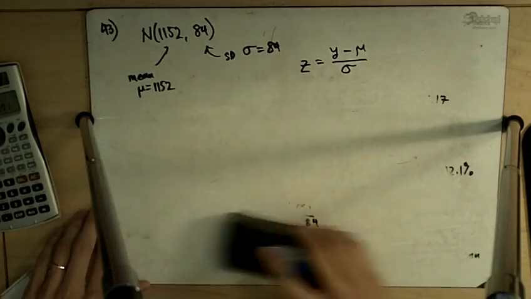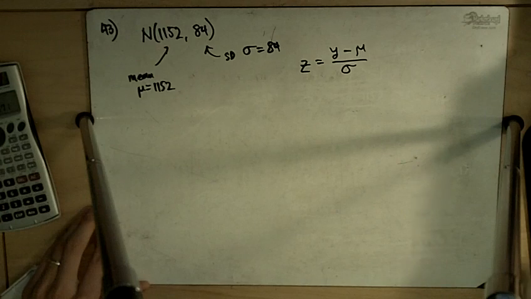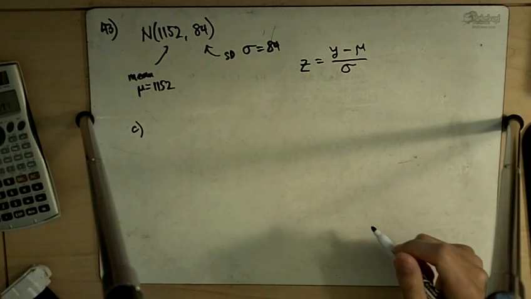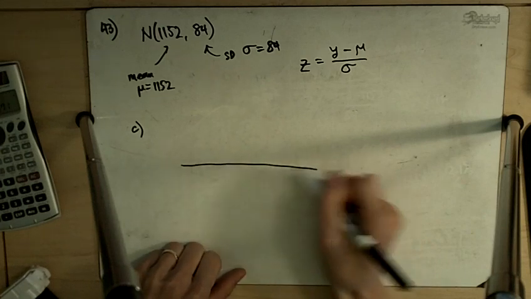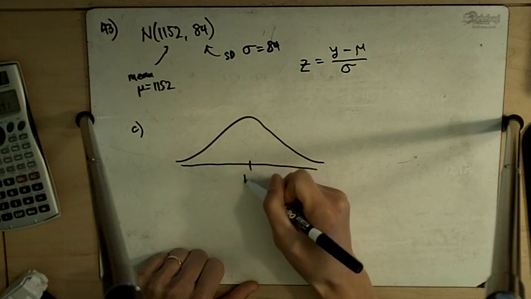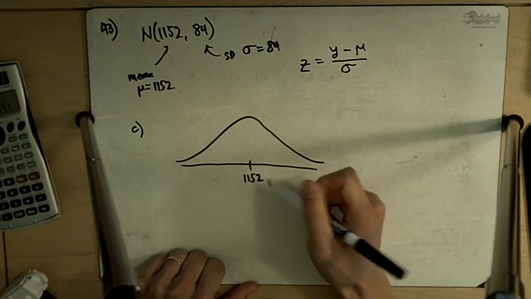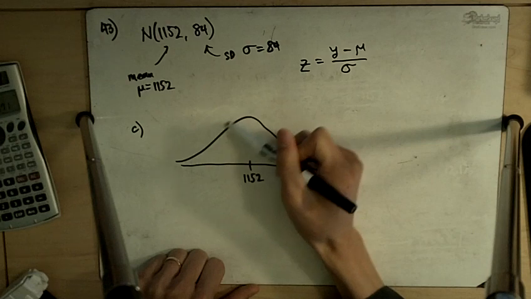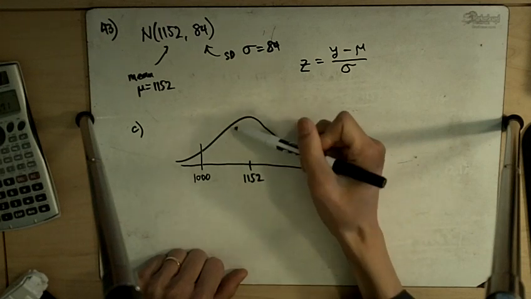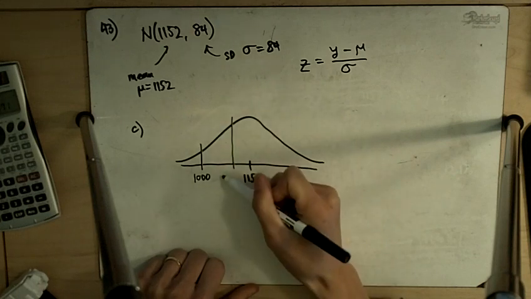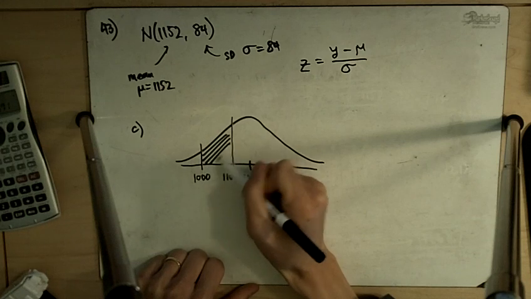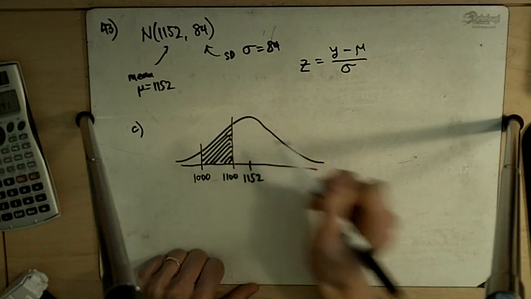Again, our diagram is centered at 1152. 1,000 is on this side, smaller than 1152, and 1,100 is also smaller than 1152. We want to know the area in between.